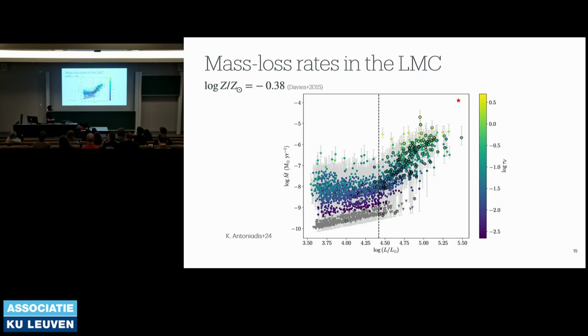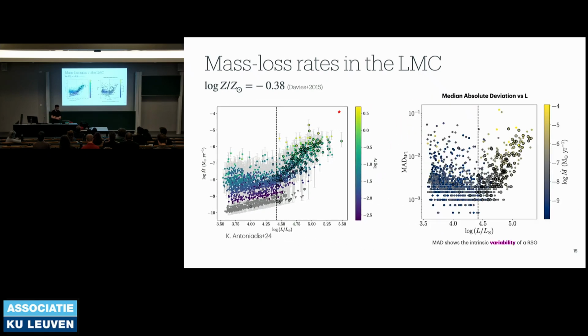And the interesting part on these results is, again, we observed this kink at around 4.4 in luminosity, as it was observed also in the SMC, showing an enhancement of mass loss after this point. And trying to figure out why it happens, we found out that it relates also with the variability of the star.